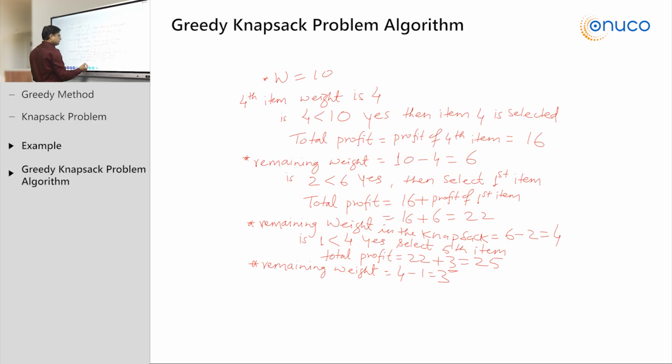All of you try to understand it. In that case, we can have a maximum of 3 kg.